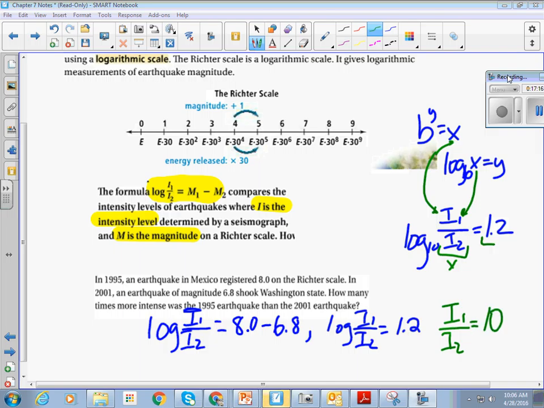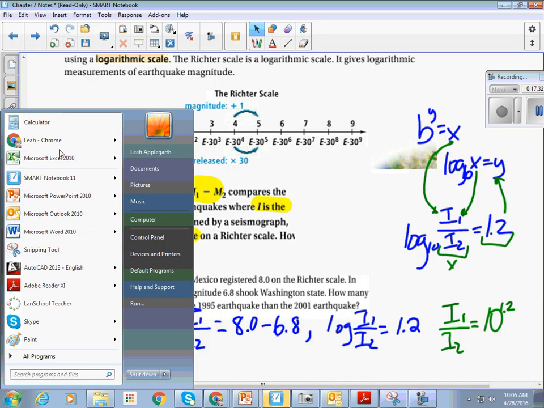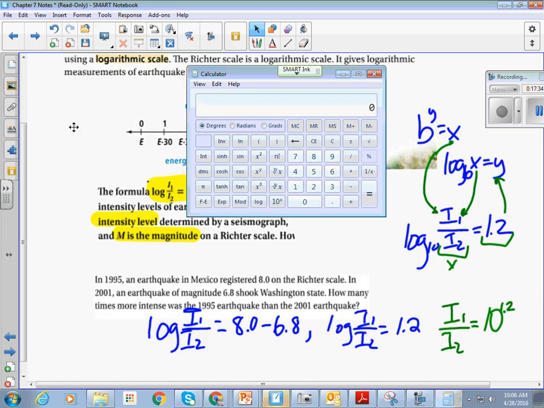And the exponent is 1.2. So now we just do that calculator operation, 10 to the 1.2. 15.8.